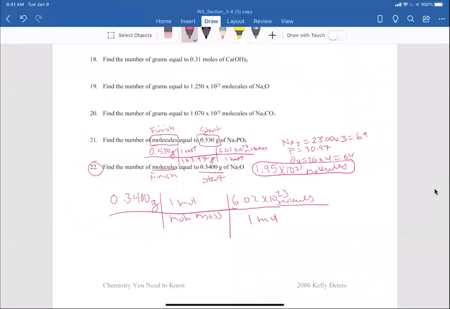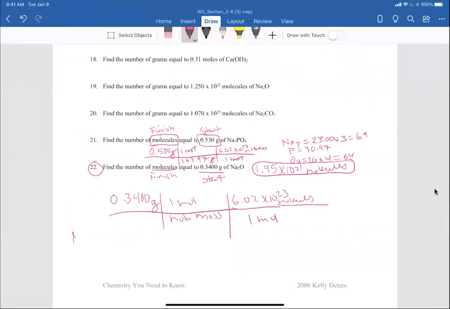Okay. Now, we need to find the molar mass. Where do we find the molar mass? In the periodic table.